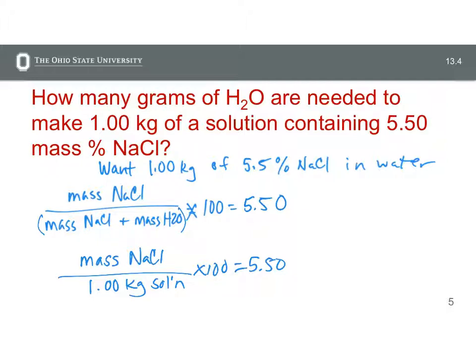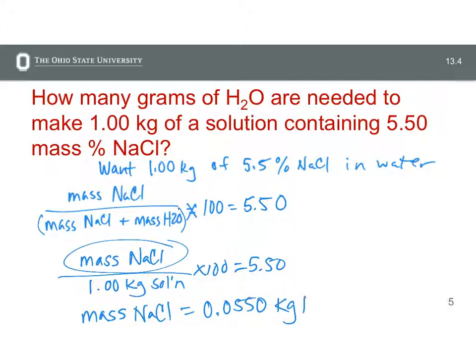And now we just rearrange our equation and solve for the mass of sodium chloride. So I'm going to divide both sides by 100 and multiply by 1 kilogram. Keep an eye on your units here. So when I divide and multiply everything, I get 0.055 kilograms of NaCl. Watch those units.